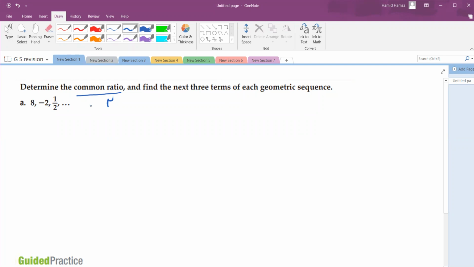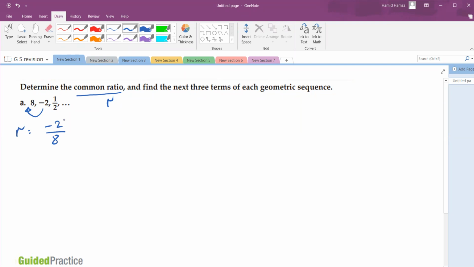And the first question asks you to determine the common ratio. So we find the common ratio by dividing any two successive terms. So second divided by the first. So R will be equal to -2 divided by 8.